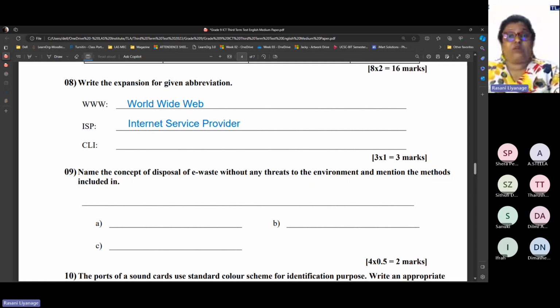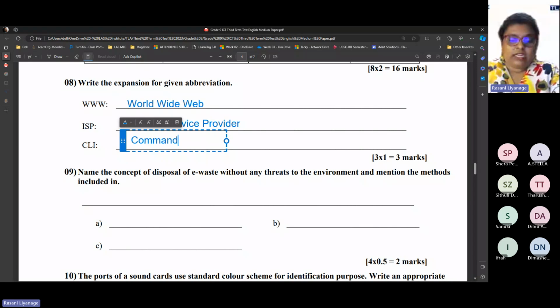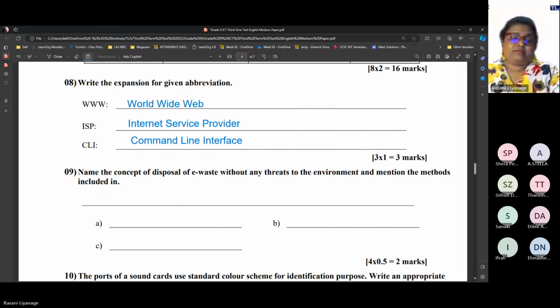That is the person now in Sri Lanka. Telecommunication company itself is the ISP, නේද? Internet දෙන provider. CLI, command line interface, just like DOS.